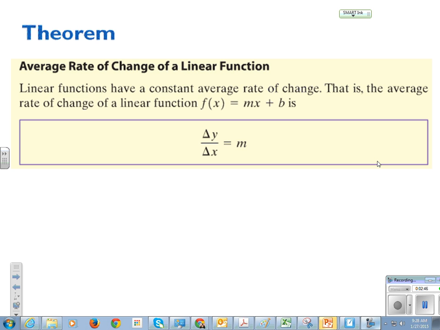That is, the average rate of change for f of x equals mx plus b is delta y over delta x equals the slope. That's what actually makes it linear: its rate of change is constant. It makes that nice straight line, because you're always going up the same amount and over the same amount.